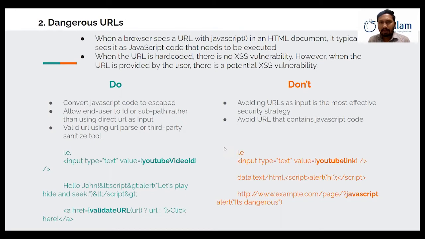It's best practice to avoid direct URLs. If we have a predefined format for the URL, we can use the ID of the particular item rather than the whole URL. This helps to avoid malicious code in the React application.